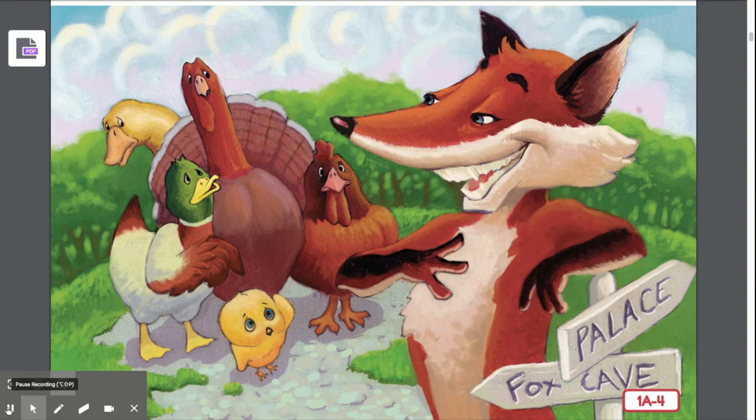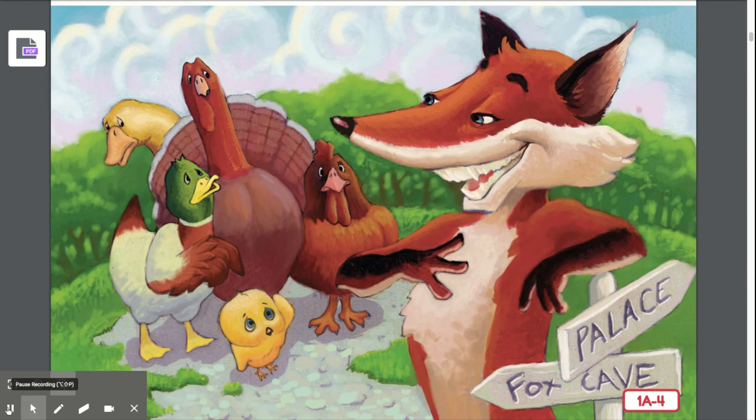What happens in the story? What are the events or the details? Some of you may have responded that an acorn falls on Chicken Little's head, or Chicken Little thinks the acorn is a piece of the sky.